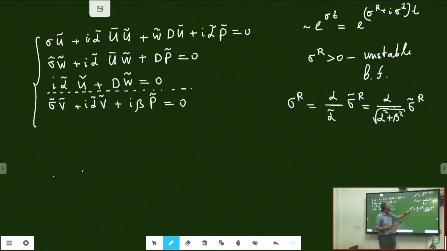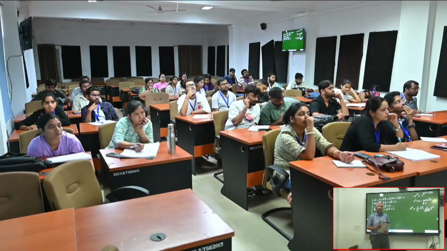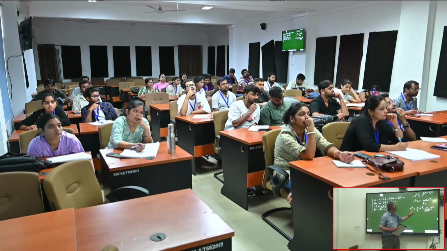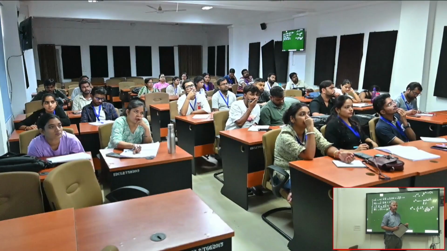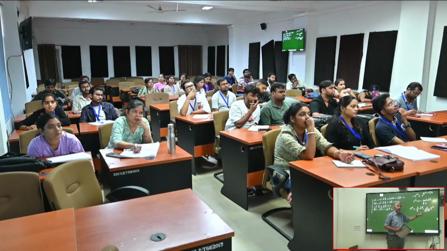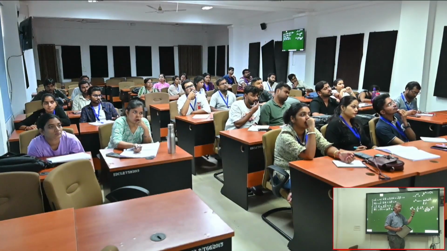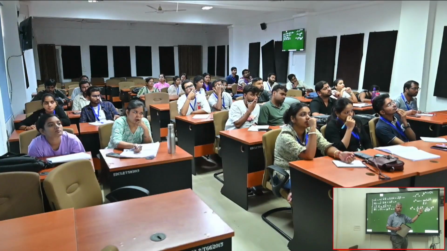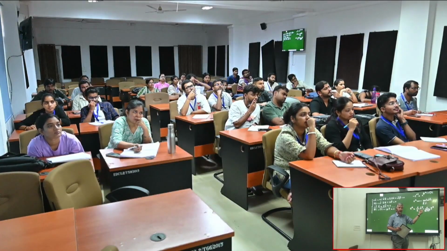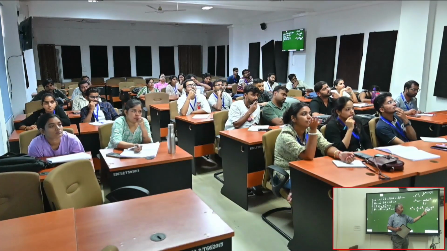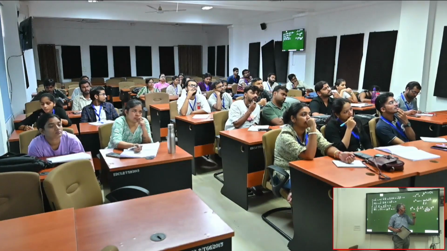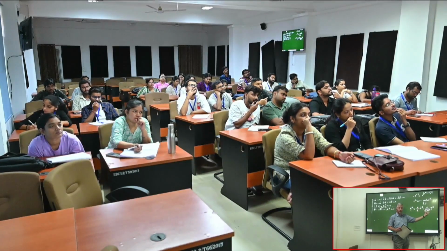What can you say about the size of sigma r and sigma r tilde? Can they be equal to each other? Can this be equal to that? What do I need to require in order for this to be the case? The only way this is equal to that is if this coefficient is equal to 1.